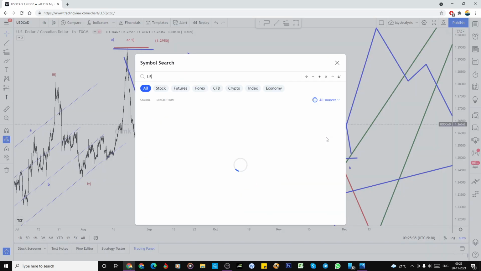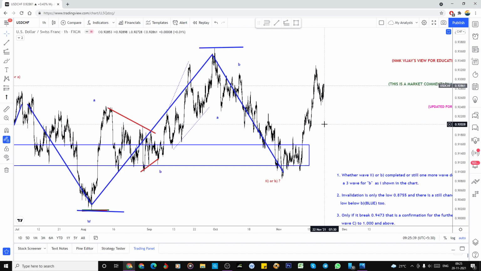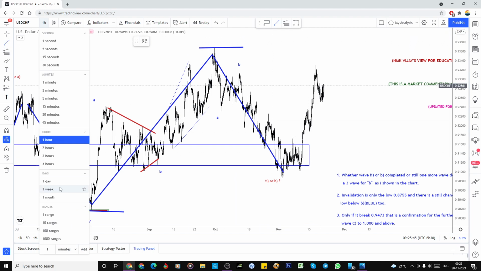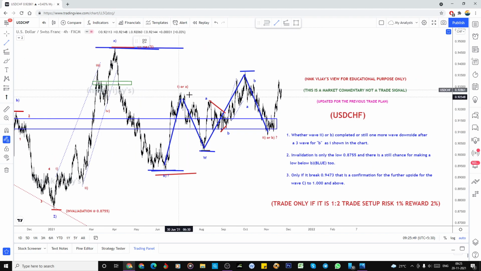So let's move on to USD CHF. From here, I expected one more low. One second, I'll show you that. From here, if it has already broken the high, I informed that the same thing can happen here, and it has to take off.